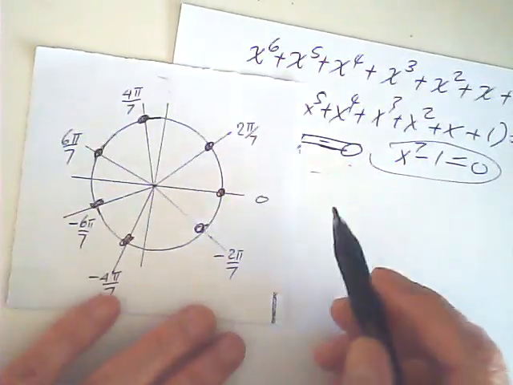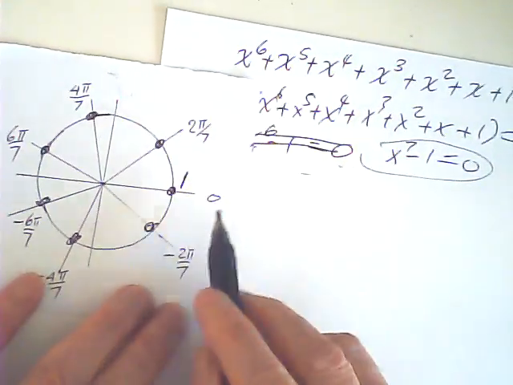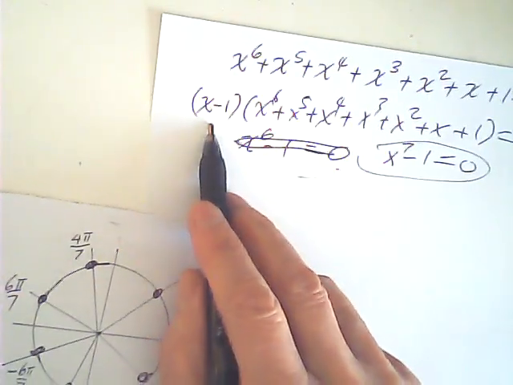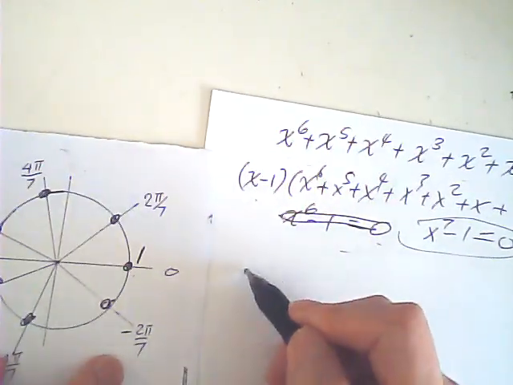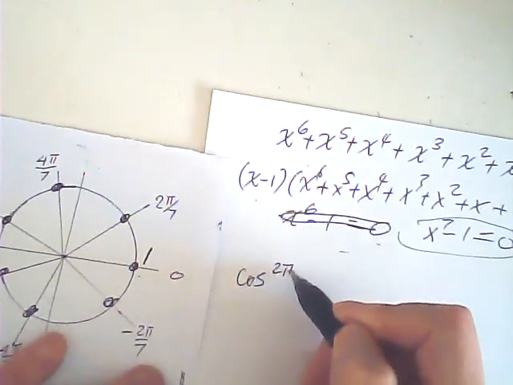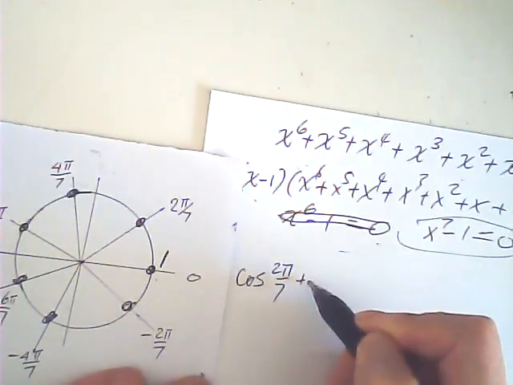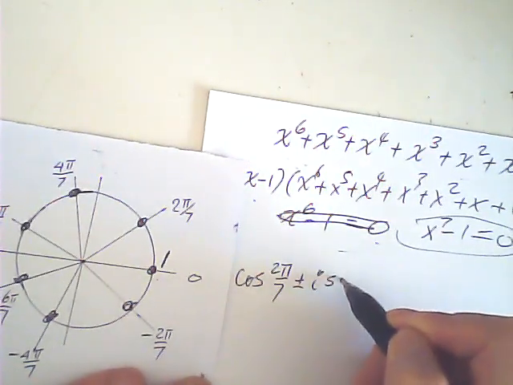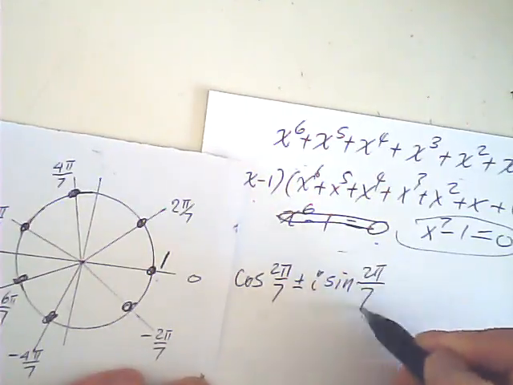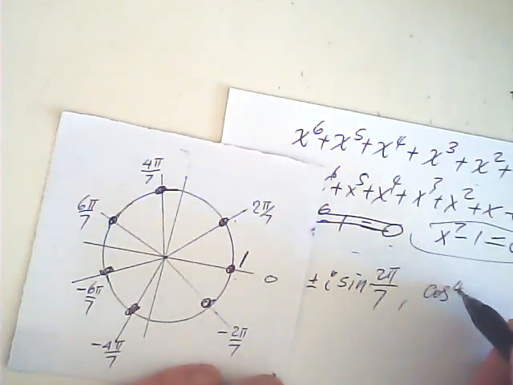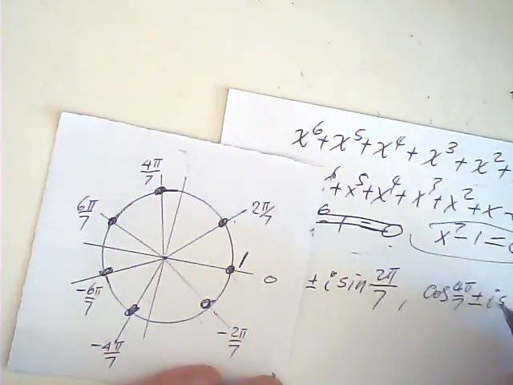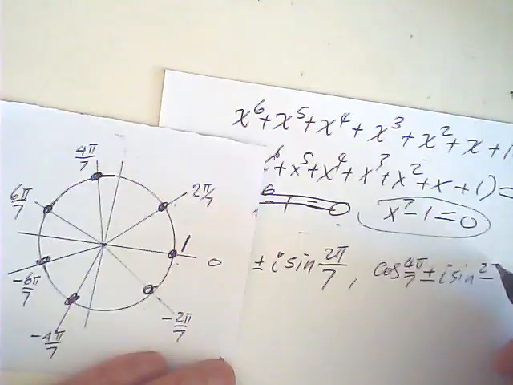Now, if you want to be more specific, one root belongs to this one, and the other 6 roots belong to this. Namely, cosine 2 pi over 7 plus or minus I sine 2 pi over 7. That is these 2 roots. And cosine 4 pi over 7 plus or minus I sine 4 pi over 7.